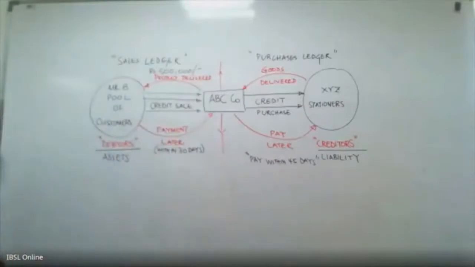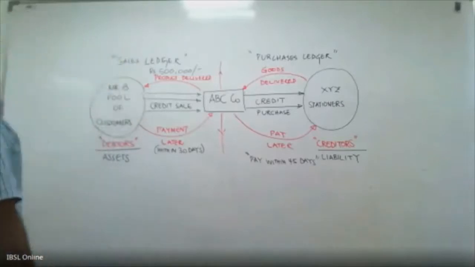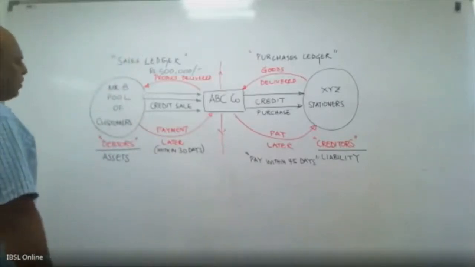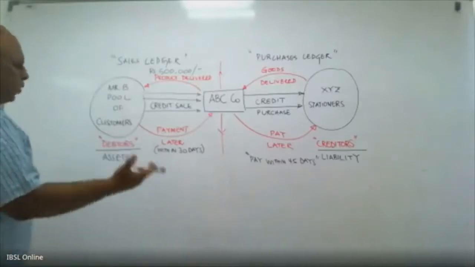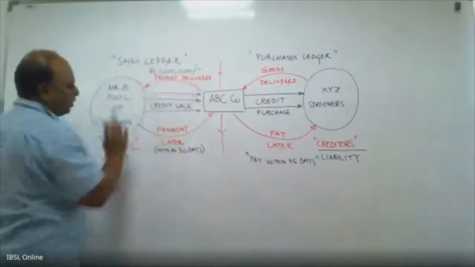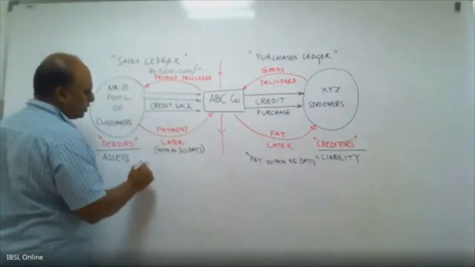Let us assume there are no other sales. This is the only sale that you have done for the month, the credit sale. So at the end of the month, what you will do? You will take the total in the sales day book, which is 500,000, and you will enter the transaction.